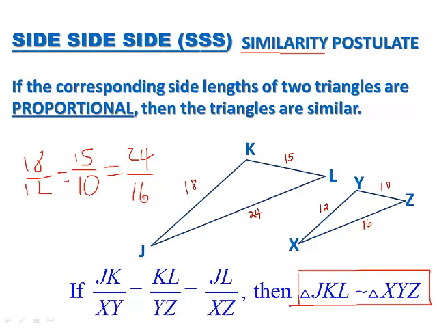And if I simplify all these, I should get 3 over 2, 3 over 2, and 3 over 2, which I do. So if you get the same, that's your ratio, your scale factor, and also helps out with your statement of proportionality.